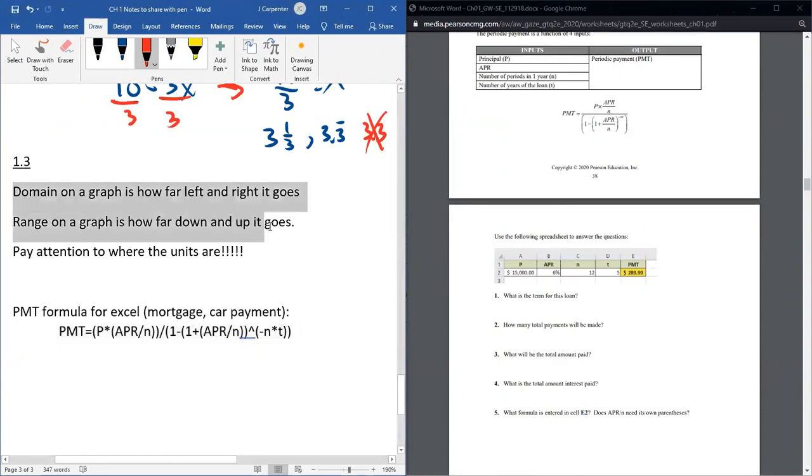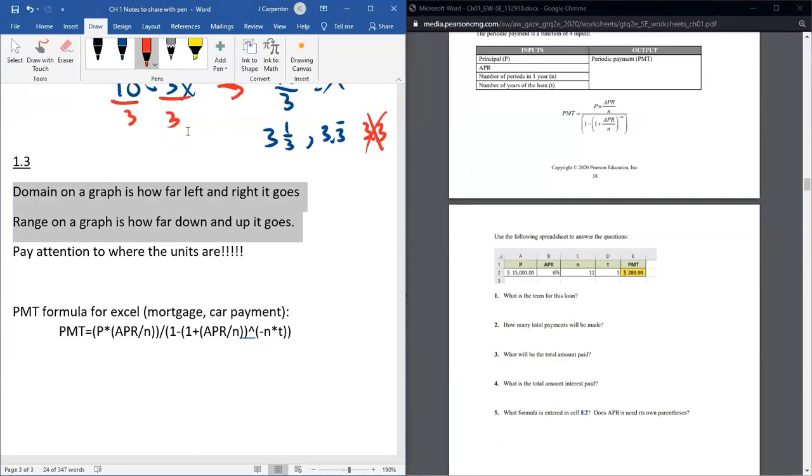This is really just a reminder, technically, but just to be safe. If you're ever asked about domain and range in my MyMathLab homeworks, I don't really test on this, but domain is how far left or right a graph goes, and range is how far up or down it goes. We did discuss previously that the domain is your list of inputs, your range is your list of outputs.